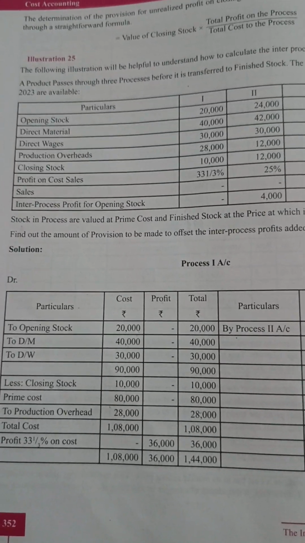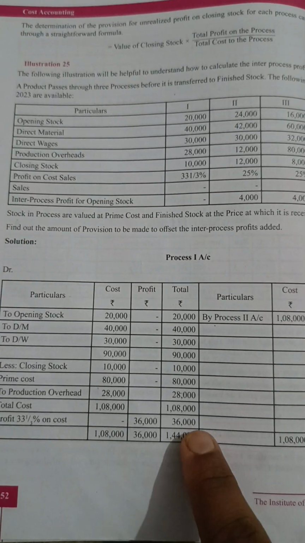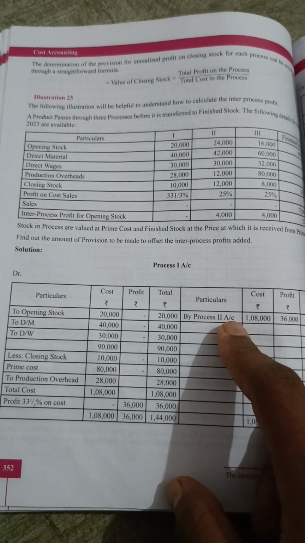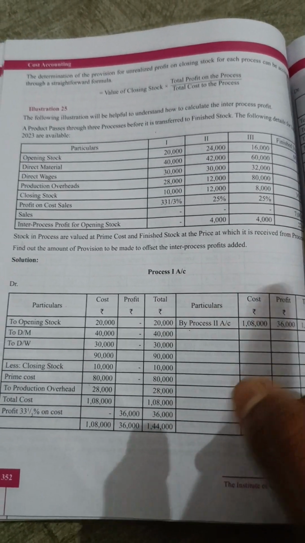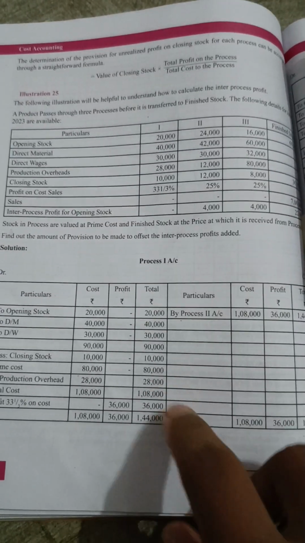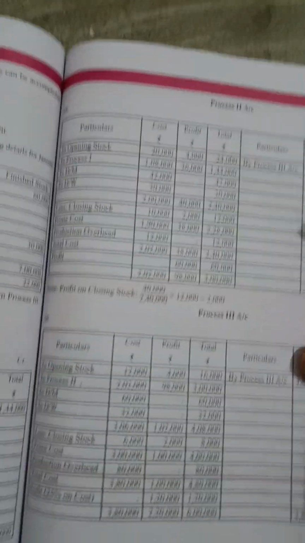So adding the 36,000 to 1,08,000 is equal to 1,44,000 in Process 1. So we have to transfer this to Process 2 account. That's why we are addressing the value. Same here, the total 1,44,000. Now it has been transferred to Process 2.